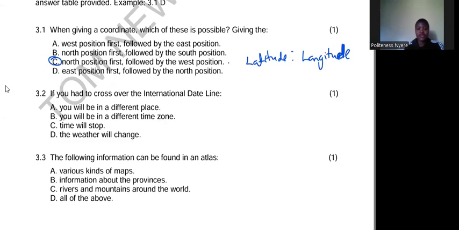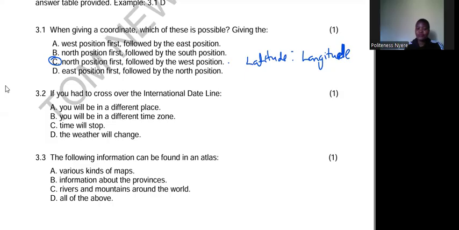Then next, if we had to cross over the international date line, A, you will be in a different place. Definitely, you'll be in a different place. Then B, you will be in a different time zone. C, time will stop. D, the weather will change.